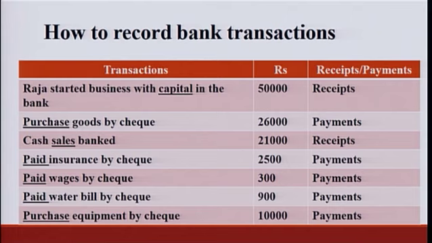Paid wages by check 300. This transaction is a payment. Paid water bill by check 900. This is a payment. Purchase equipment by check 10,000 rupees. This is a payment. Again, remember, you need to differentiate between receipts and payments.